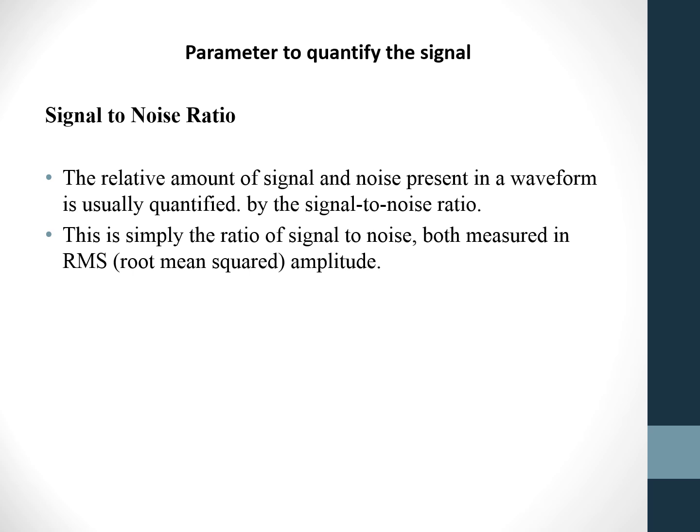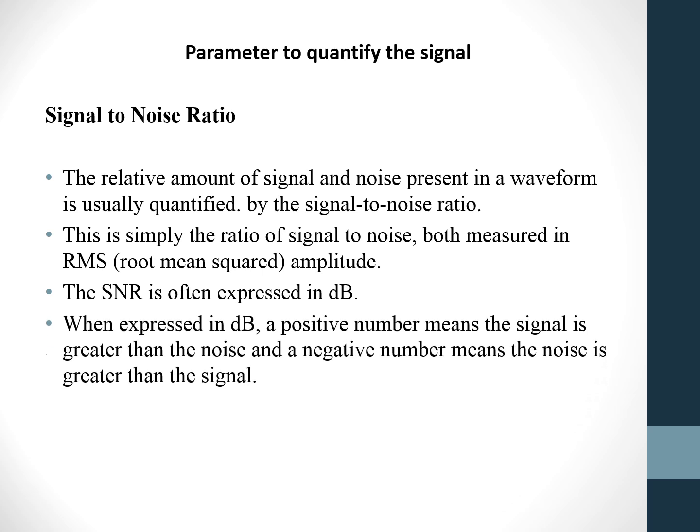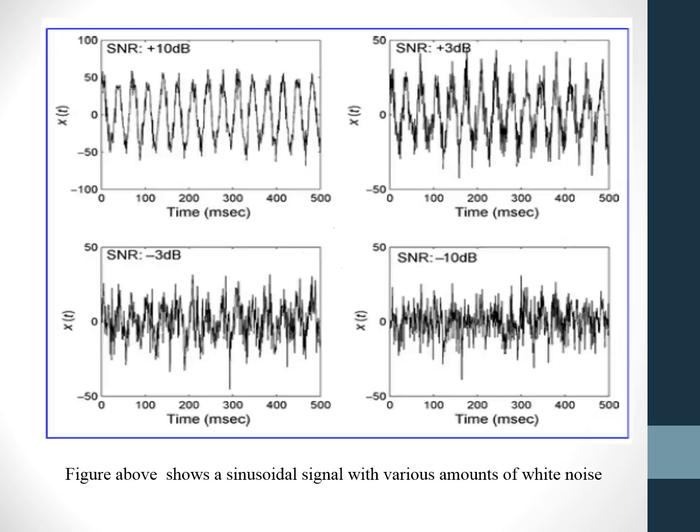It is simply the ratio of signal to noise, both measured in RMS, root mean squared amplitude, or you can say it is the ratio of the signal power to the noise power. Often it is expressed in decibels. When it is expressed in decibels, a positive number will mean the signal is greater than noise, and a negative number will mean the noise is greater than the signal.